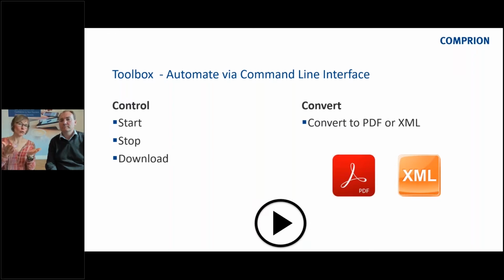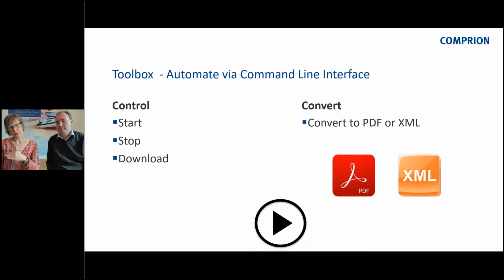Control starts, stops, and downloads your traces. So you really operate the tracer to make traces in an automated way. For instance, if you have regression testing and you want to trace continuously and repeatedly in your application or with various setups, that's very comfortable to do that way.